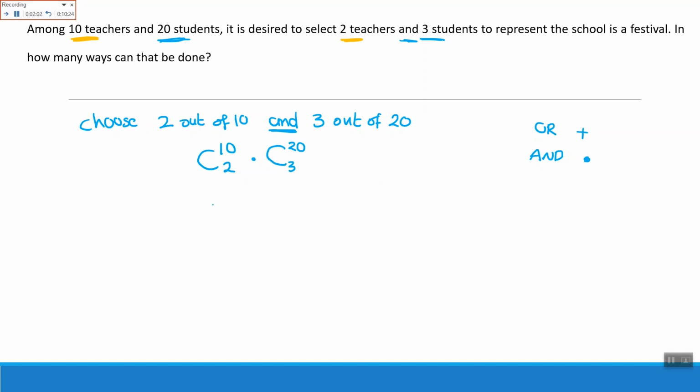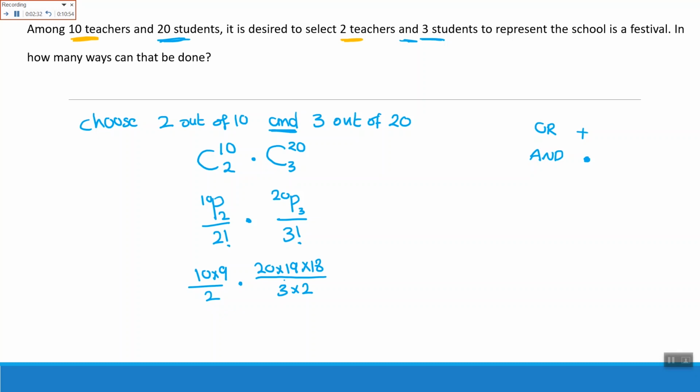How do we simplify this? It can be 10 permutation 2 over 2 factorial multiplied by 20 permutation 3 over 3 factorial. We solve that, so it's 10 times 9 over 2 multiplied by 20 times 19 times 18 over 3 times 2. We cancel what's possible.